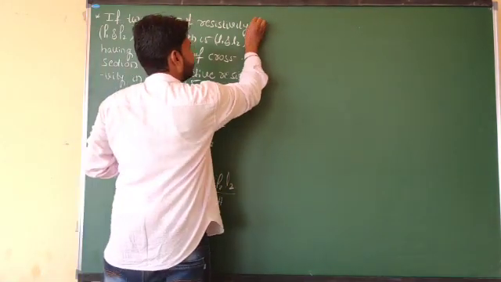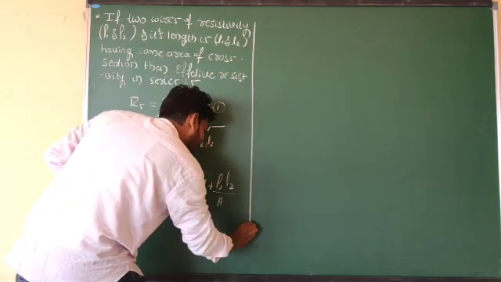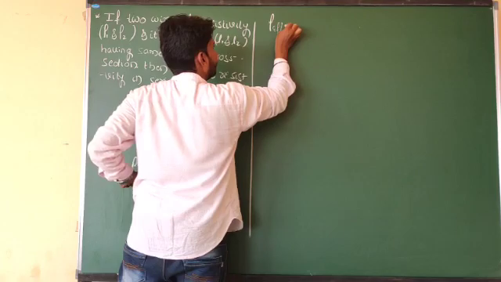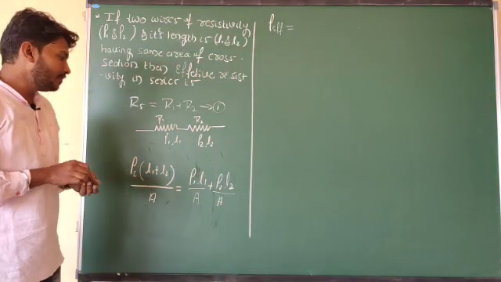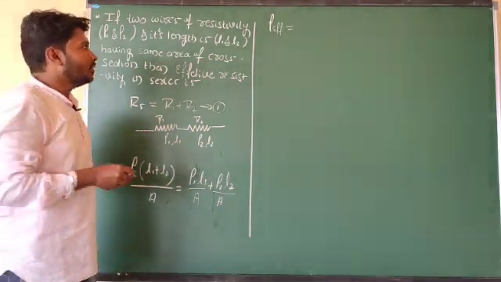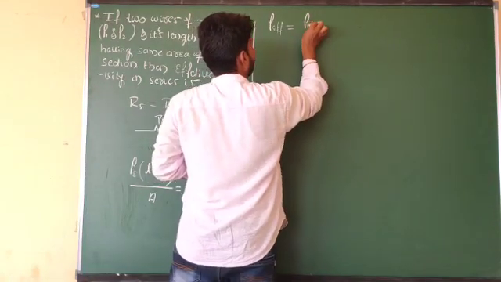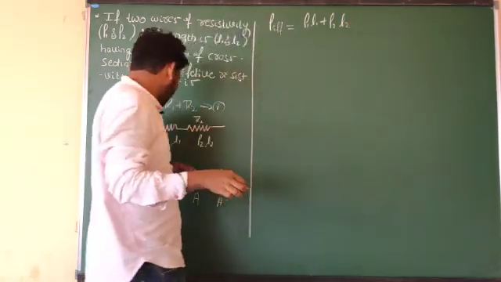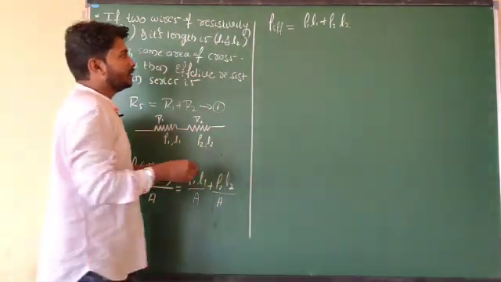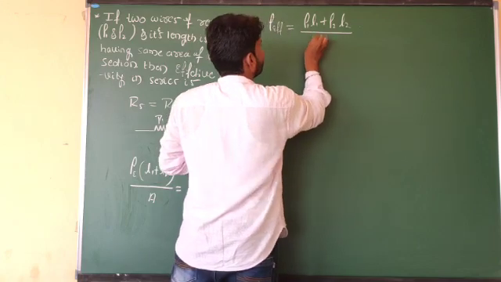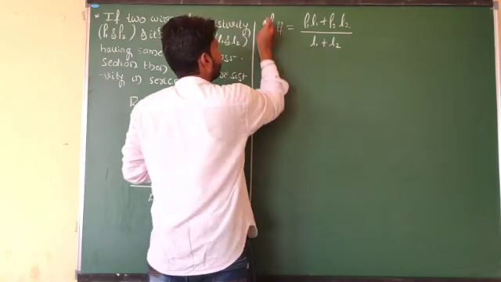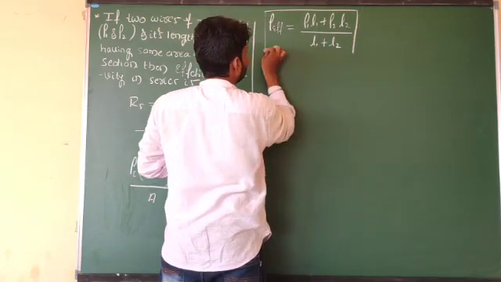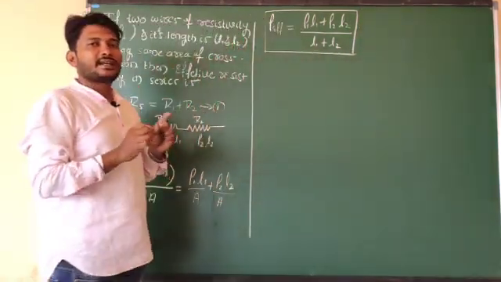Next I will take the effective resistivity. ρ effective is equal to (ρ1L1 plus ρ2L2) divided by (L1 plus L2). This is the required expression for the effective resistivity of two wires connected in series combination.